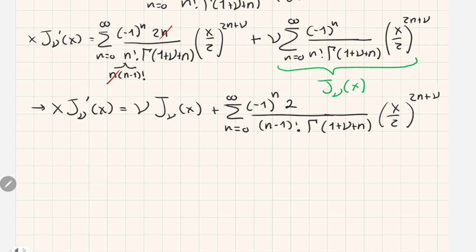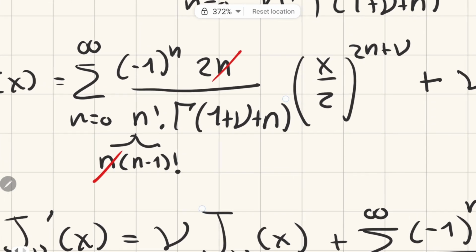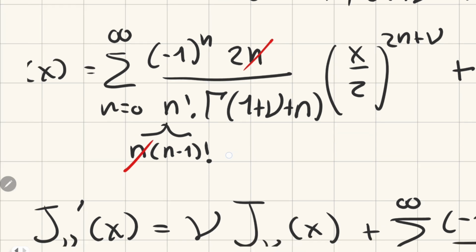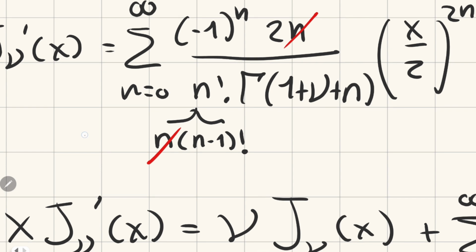And something that is very important in this step is that notice that when we made the cancellation, we divided this whole thing by n, right? But we need to be conscious that to cancel these n's, we cannot consider the element of the sum when n is equal to 0, because we will be dividing by 0 in this step.